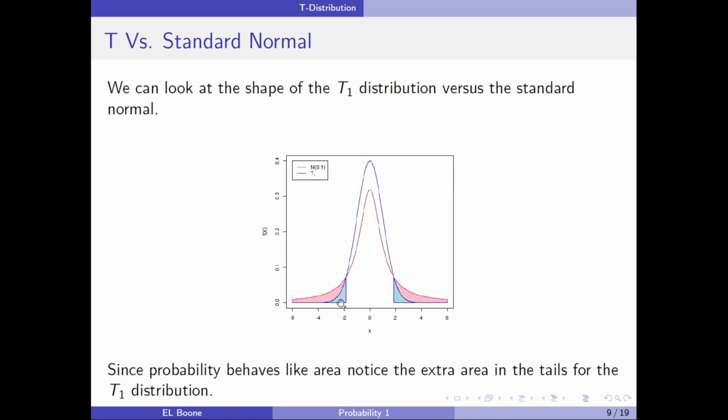So if you look at the blue, this is the probability for the normal, and if you look at the pink, this is the probability for the T. There's a lot more area and more probability out here in the tails, and that's really what we're interested in because this extra area in the tails gives us the ability to handle the variation due to estimating both x bar and the standard deviation.